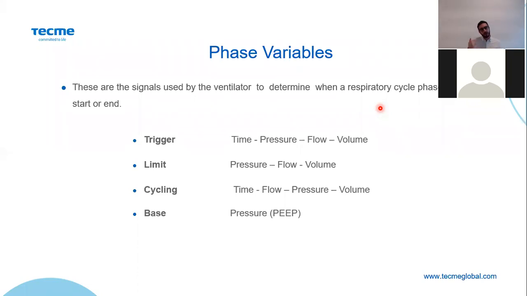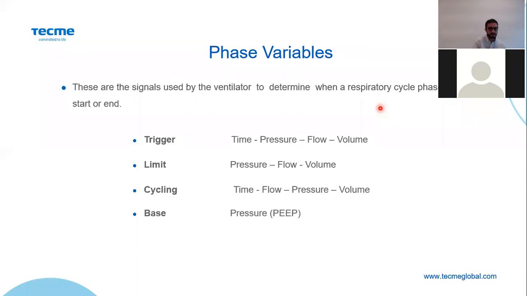Okay. Now I'm going to talk about another set of variables. In this case, we call them phase variables, and these variables will help us to understand a little bit more the different types or the different classification of ventilatory modes.